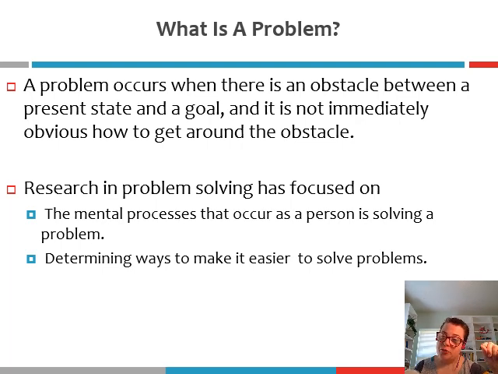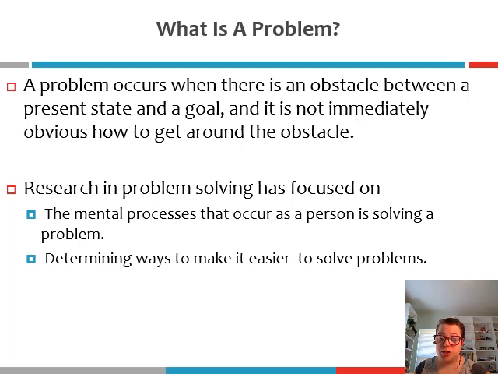So there's an obstacle between where you are now and where you want to be, and it's not immediately obvious the steps you should take to get around that obstacle. So in problem solving, we're trying to progress from our current state, or present state, to a goal state. And in order to do that, we have to figure out how to get around an obstacle.